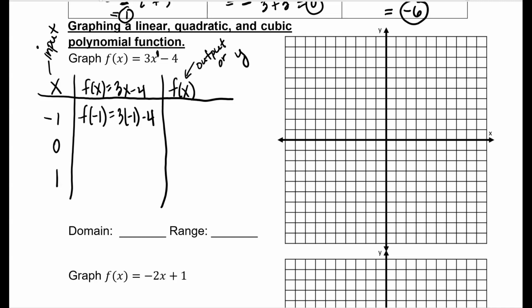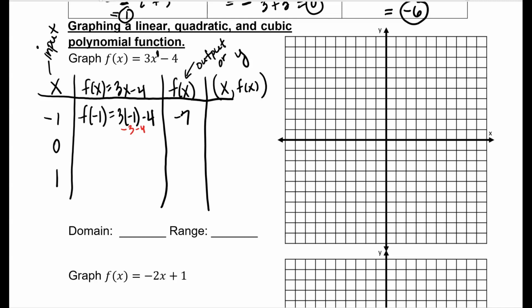So what you get is, notice, negative 3 minus 4, which is -7. So if I wanted to write this as a point, I would write it like this.